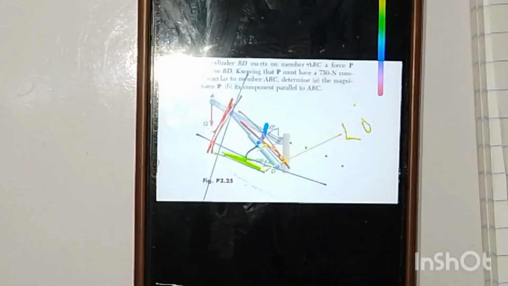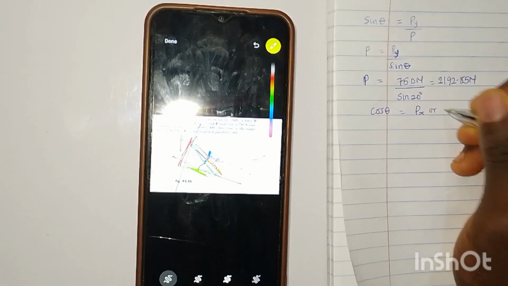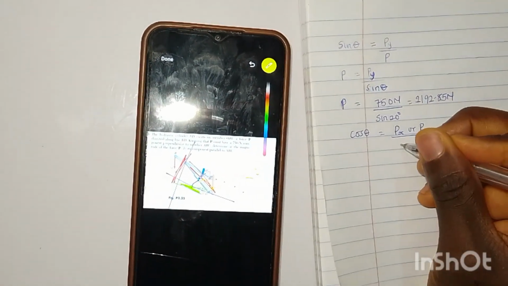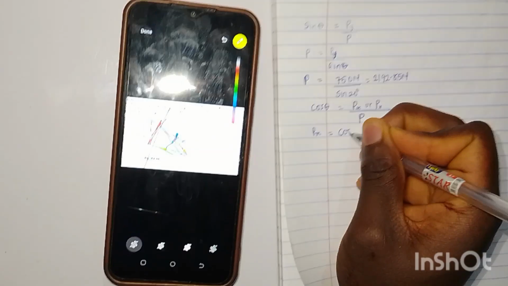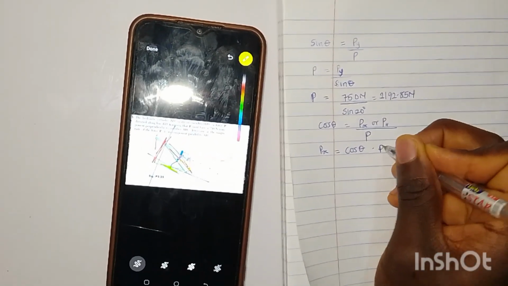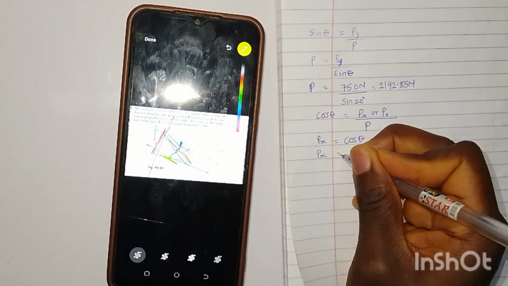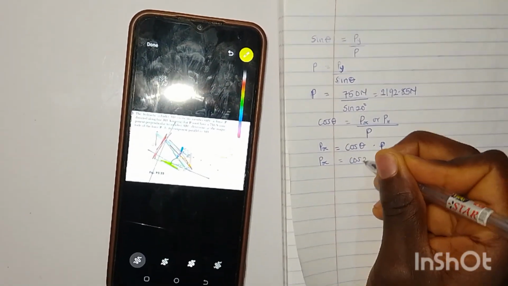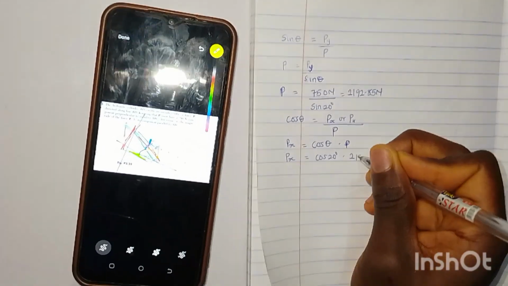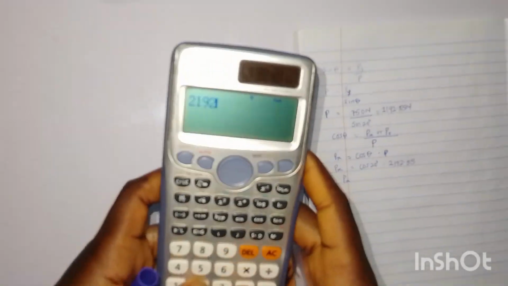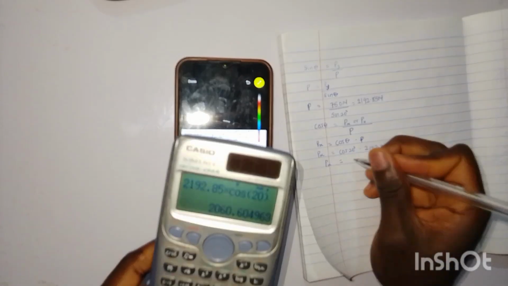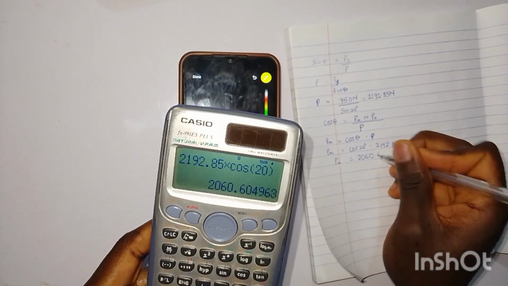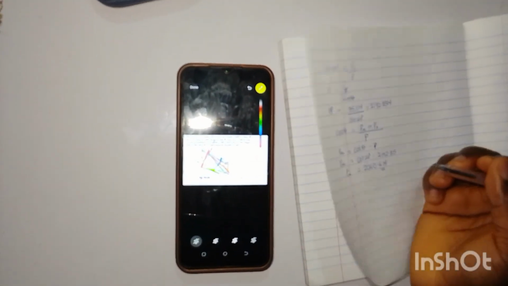So cos theta equals PX, or P parallel, over the magnitude of P. So PX equals cos theta times P, which is cos of 20 degrees times 2192.85. So PX is 2060.6 Newton.